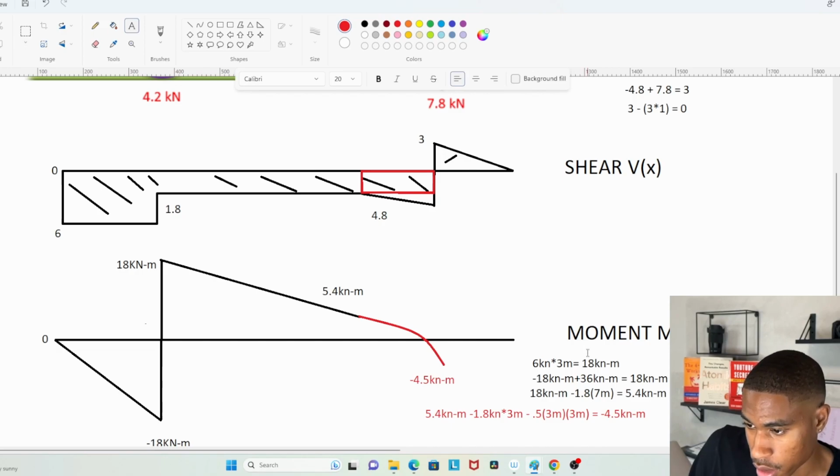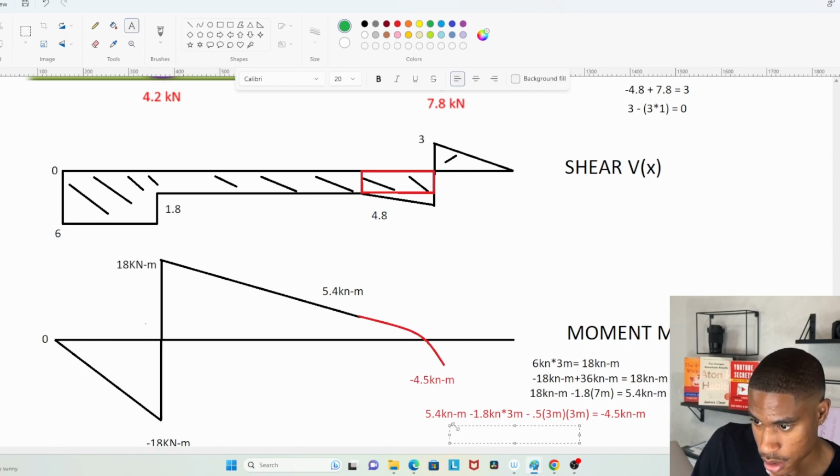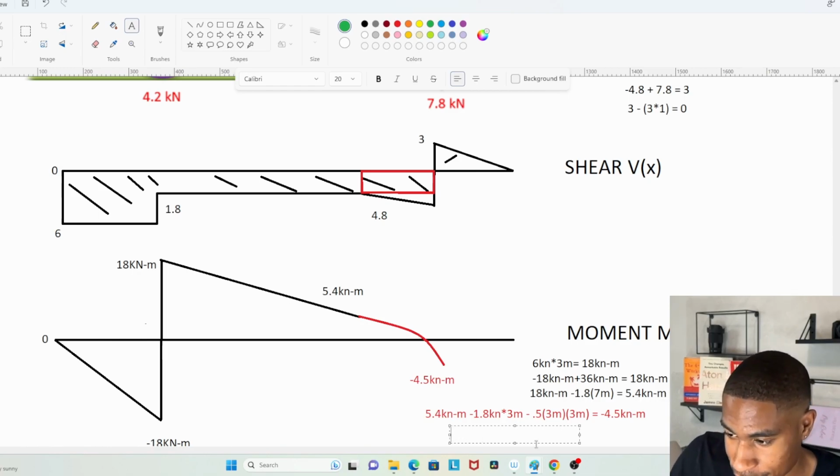All right, and then our last one, let's do green, because we're going to pass this FE exam, right? Let's do some positive colors. All right, so we're starting out with negative 4.5 kilonewton dash meter. And now we have another triangle, right?